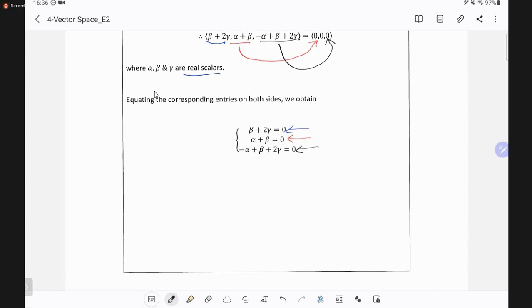Now I would also like to give you another angle to tackle this problem. I would like to do it by inspection. I hope you can see something new here. By inspection, I would like to check the first and the third equations. From the first one, you can see that beta plus 2 gamma equals 0.